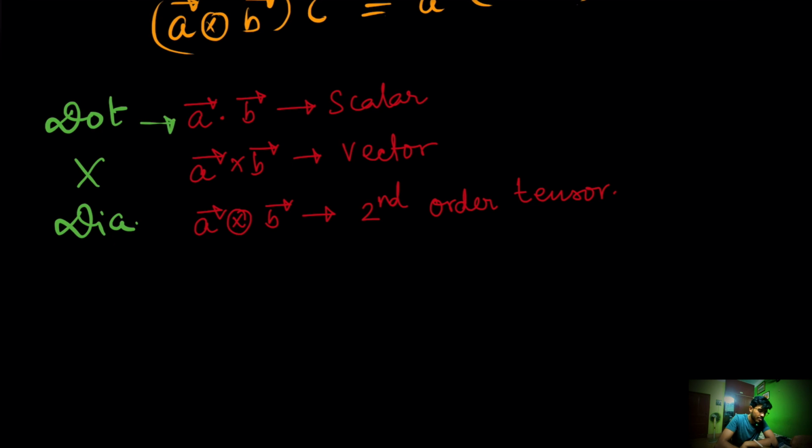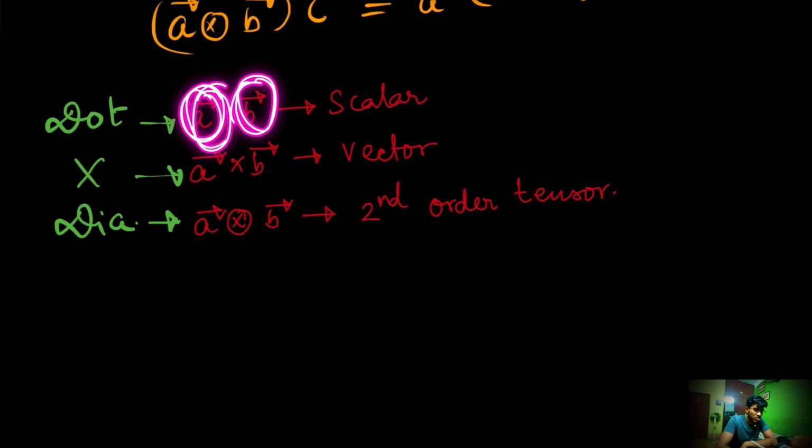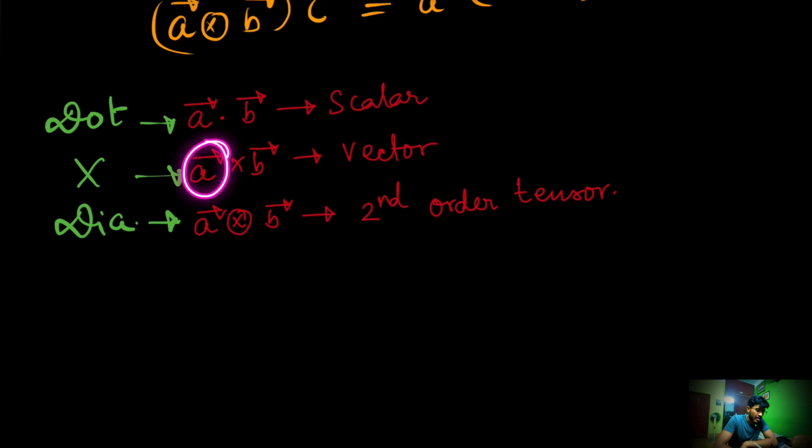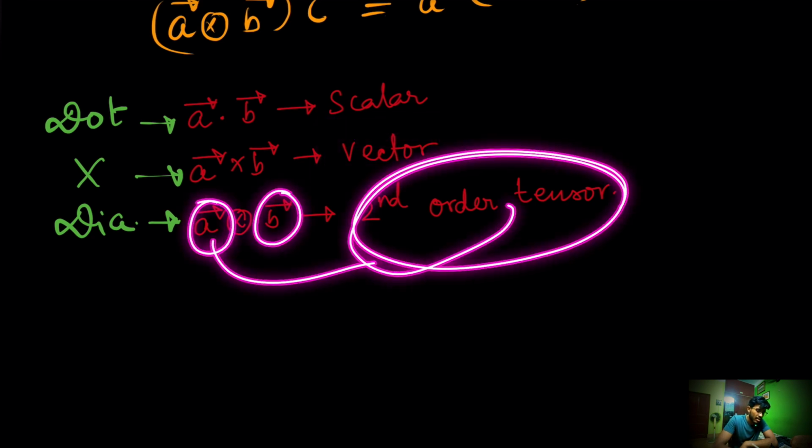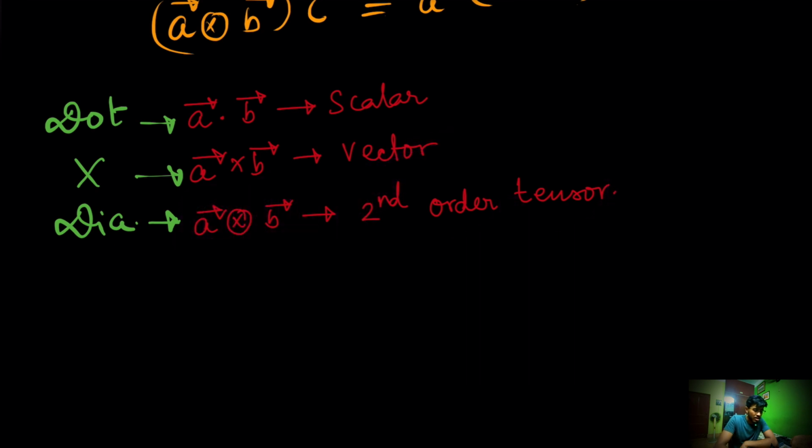So the dot product is essentially decreasing the order of the tensor. These are first order tensors, and they are converted into a zeroth order tensor. The cross product is maintaining the order. The dyadic product is increasing the order. These are first order tensors, but the result of the dyadic product is a second order tensor.